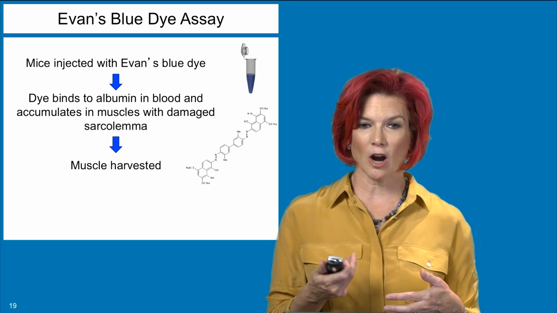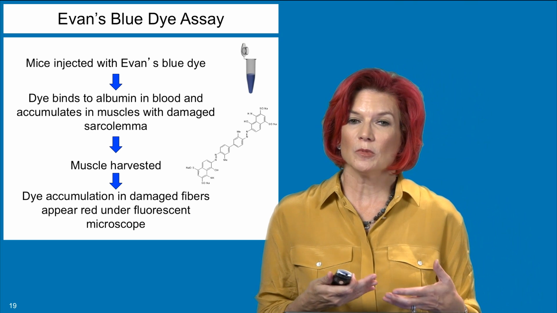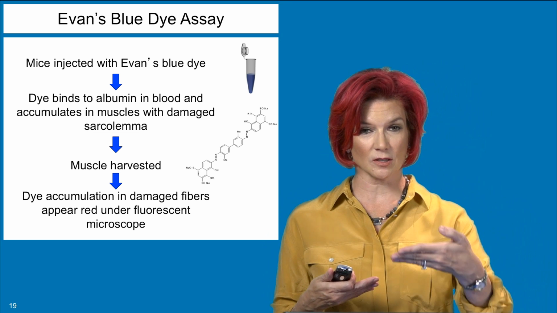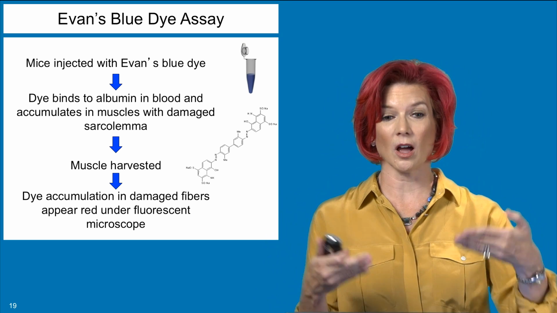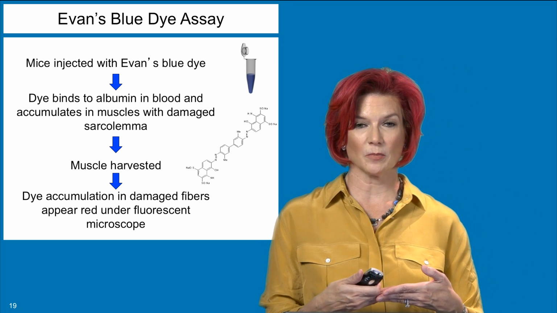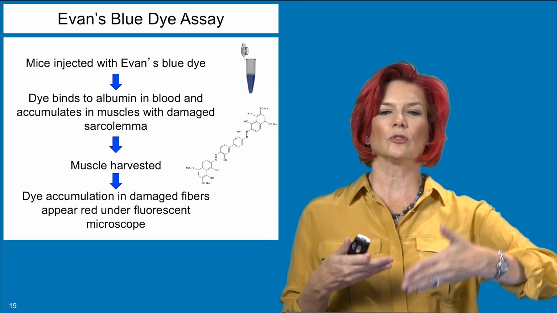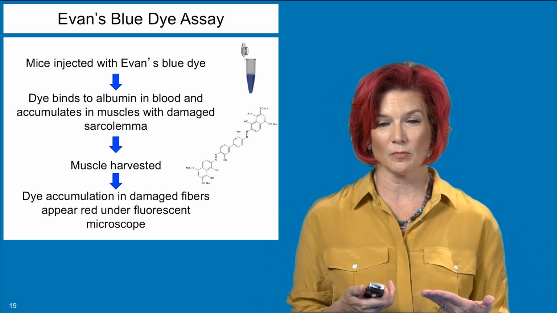The muscle is then harvested, and the accumulated dye is visualized after sectioning and placing those sections on slides and viewing under a fluorescence microscope. Now, even though the dye is blue, it actually fluoresces red, and you'll see that in a moment.